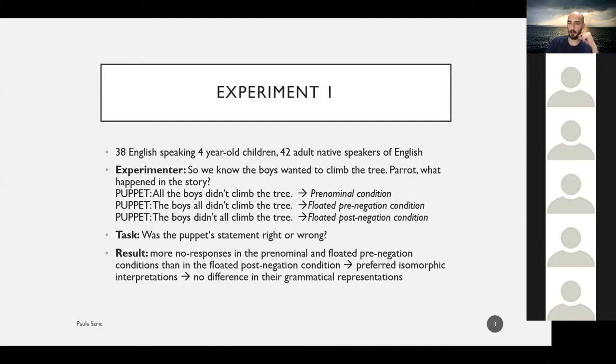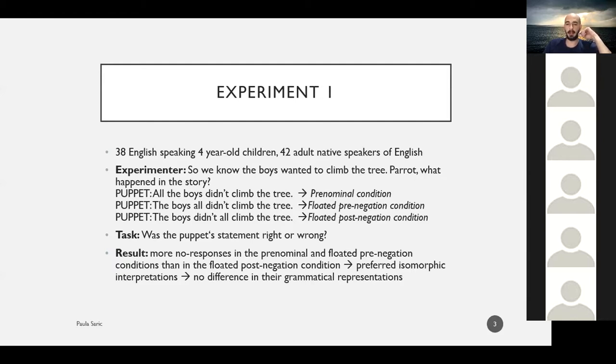So it's only in the third condition that they had the not all, but some interpretation. So it really matters that the surface position of the quantifier with respect to negation, right? Because the third position is the only one where all occurs after negation. And the other nice thing is that adults and children gave exactly the same pattern of responses. In the third condition, both gave less than 20% of no answers.